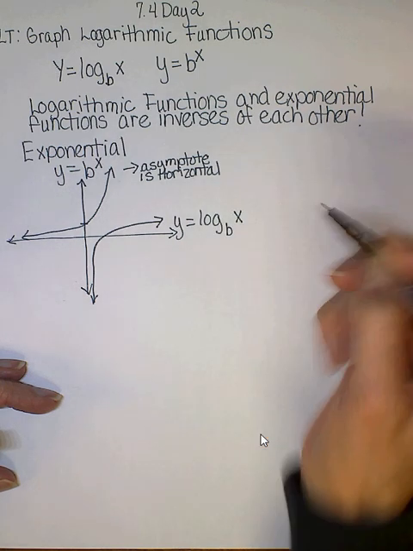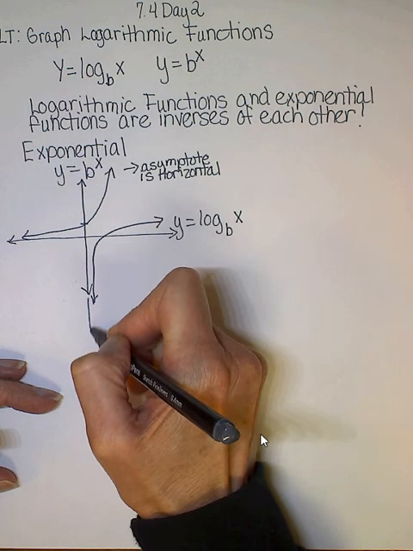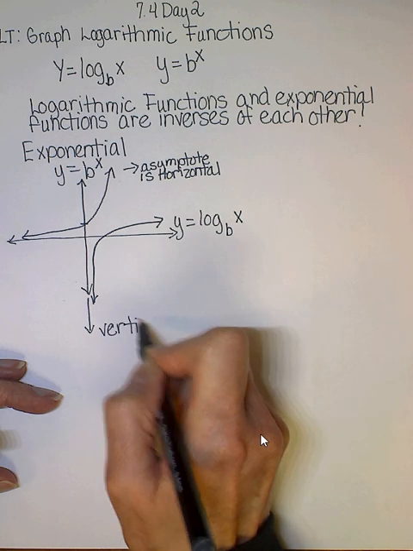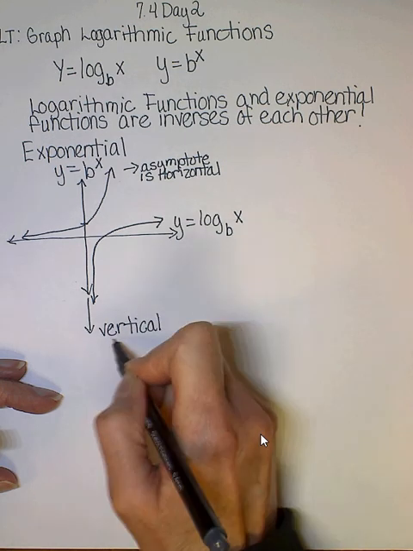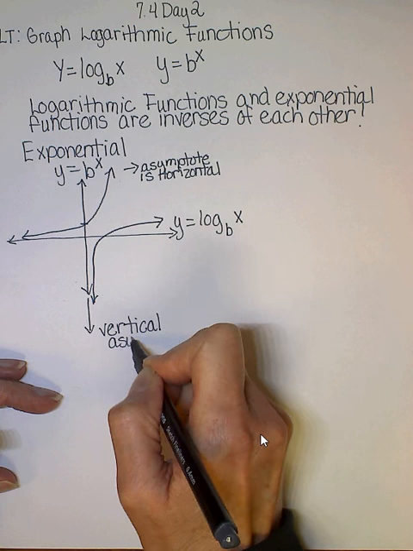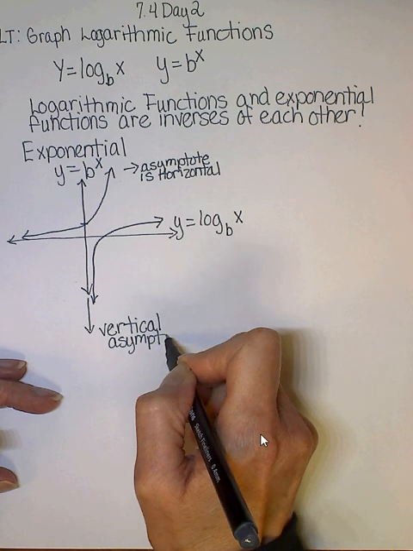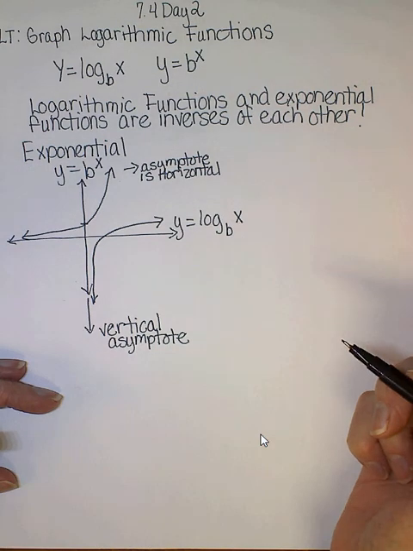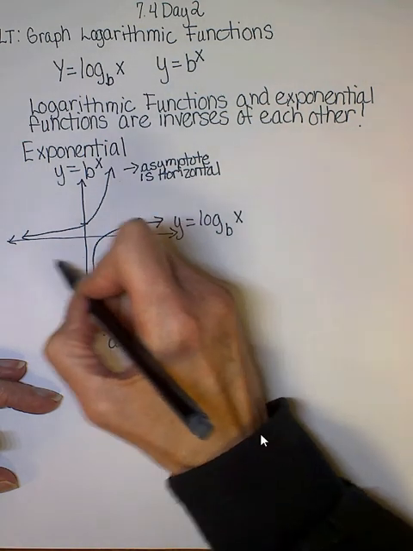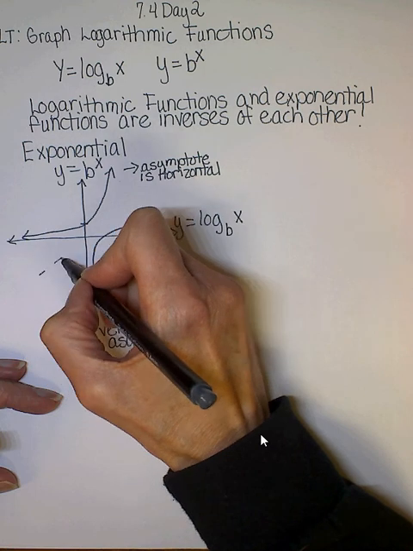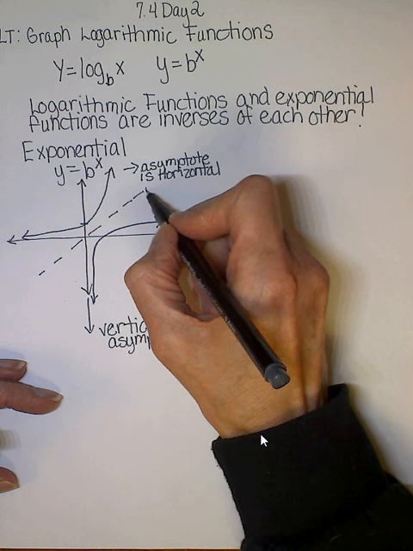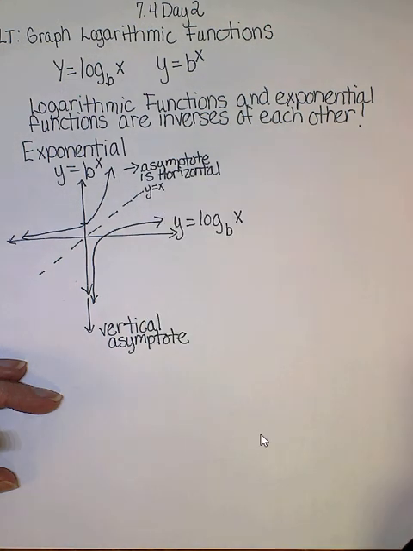And on the logarithm graph, it actually has a vertical asymptote, and so it's the y-axis. So it's going to approach the y-axis but not cross it. And it should look like a mirror image over this line, and this line is the line y equals x. If we were to graph a linear equation, it would look like that.